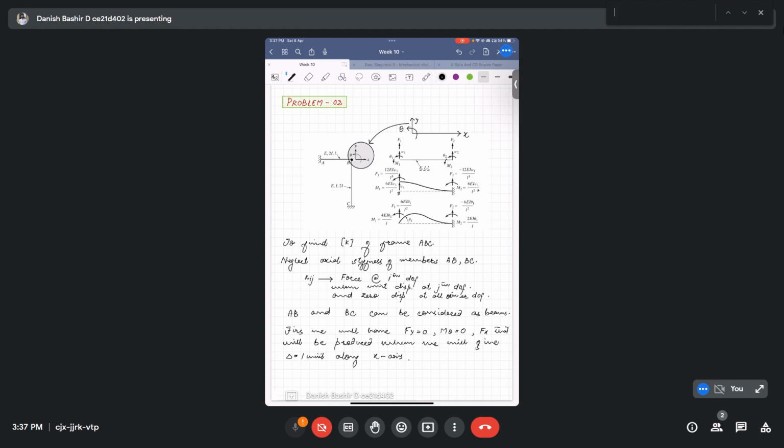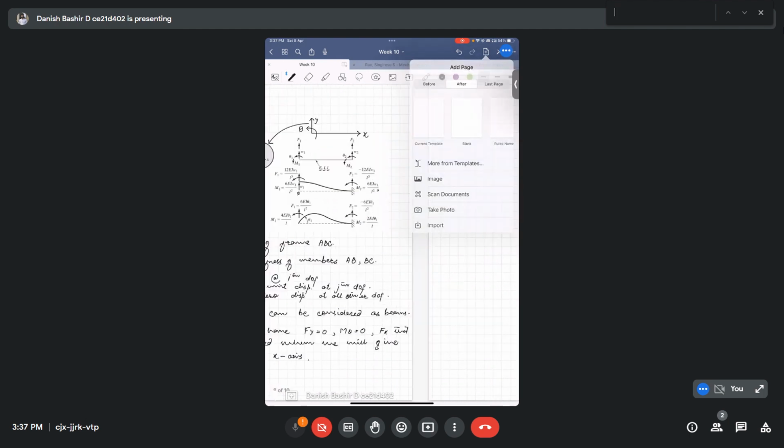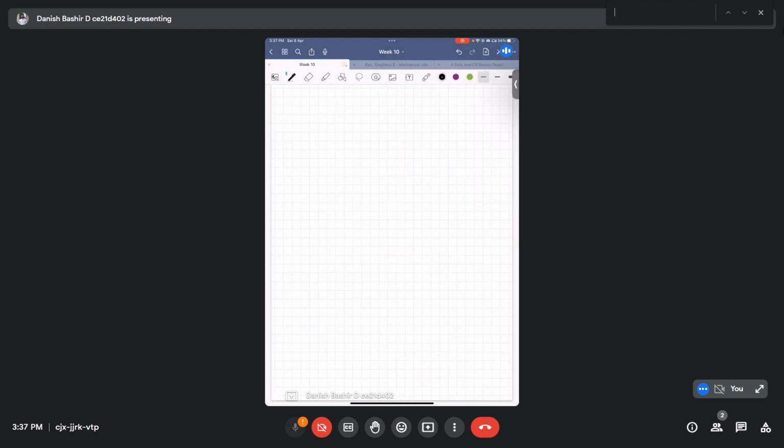Okay, so I will make this again here. So we have to give, this is the frame like this.